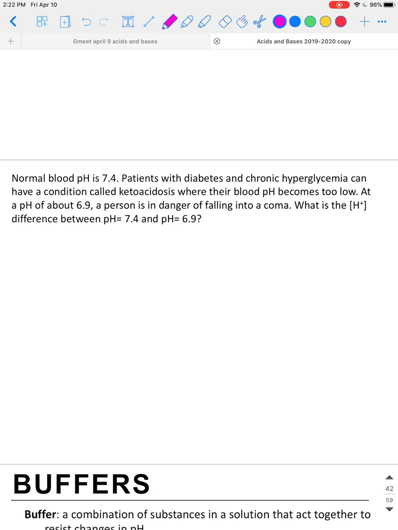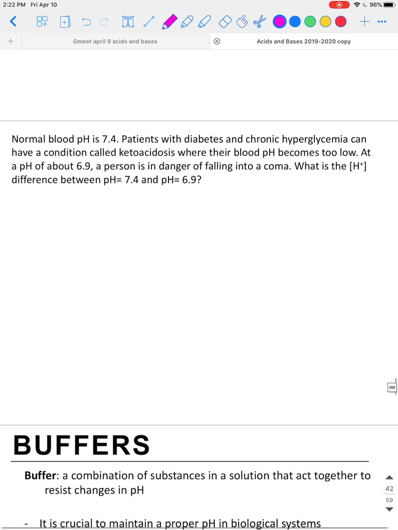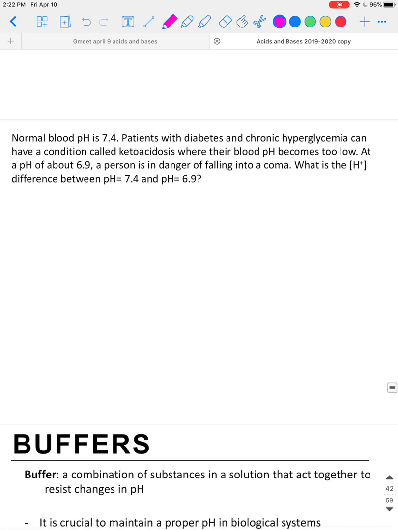What is the concentration of H plus difference between these pHs, 7.4 and 6.9? We can look at these and say, wow, that's only a pH difference of 0.5. But in the body, what matters is the concentration difference in hydrogen ions. I think you're about to be really amazed at your body and how good it has to be at maintaining your blood pH.